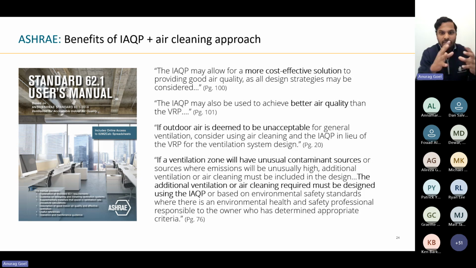And the first reason, I think, applies to any project you may be designing or any building that's currently operating: the IAQP may allow for a more cost-effective solution to providing good indoor air quality, as all design strategies may be considered. All design strategies meaning not just ventilation with energy recovery, but also air cleaning and perhaps a little bit less ventilation. So again, that hybrid kind of approach to addressing indoor air quality.